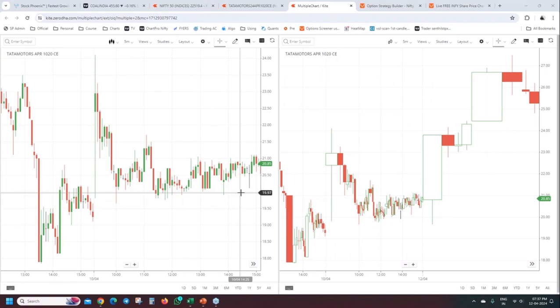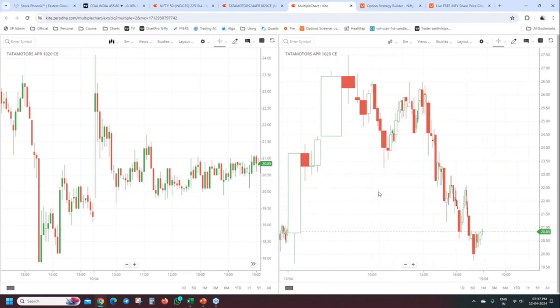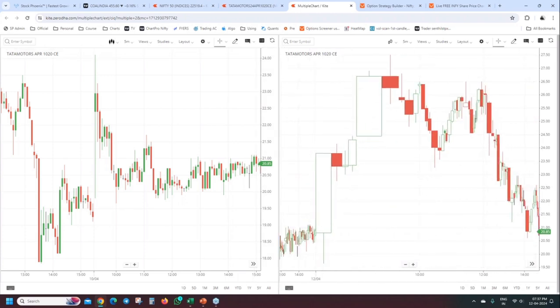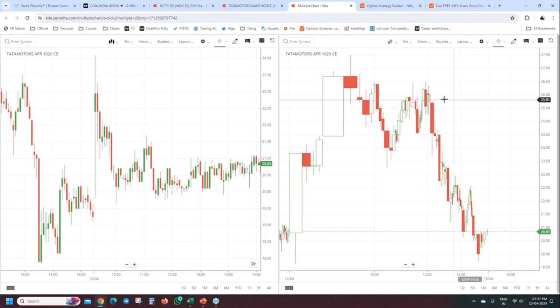Clear? What happens if huge selling is there? Selling also gives flat candles. See, whenever selling is there, what will happen? This place selling is happening, right? Let's see.